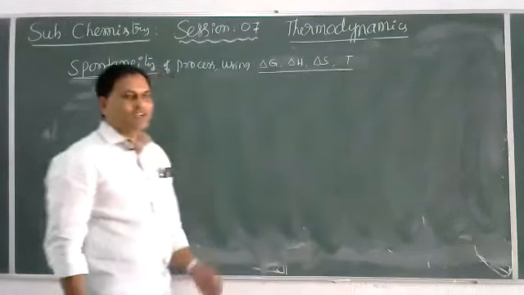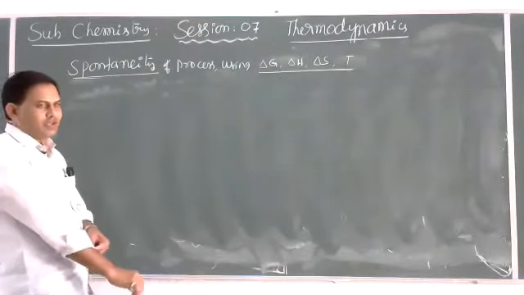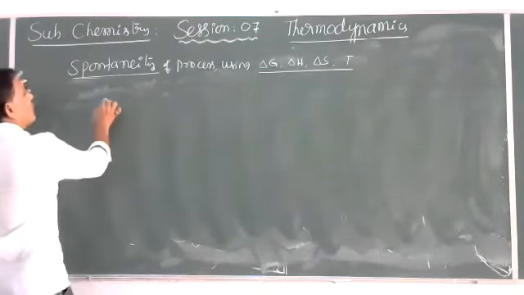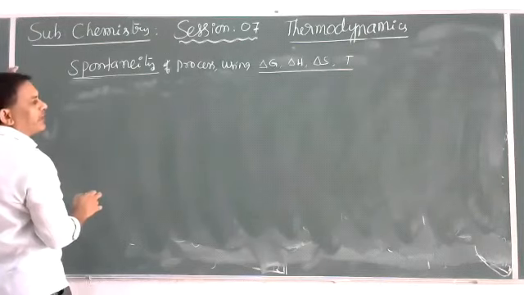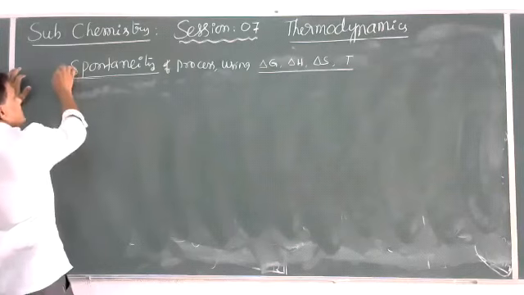A very, very important list. One table will be created, using the signs of all the four important factors to judge the spontaneity of the process.